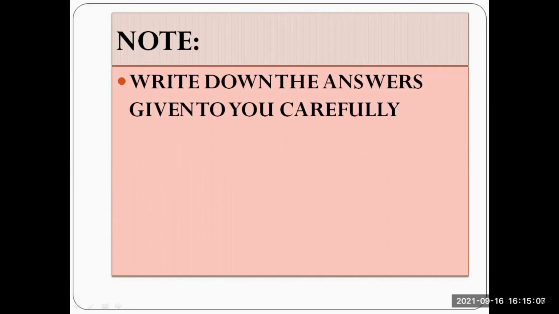Question number 3. How does crop rotation help solve fertility? The answer for question number 3.